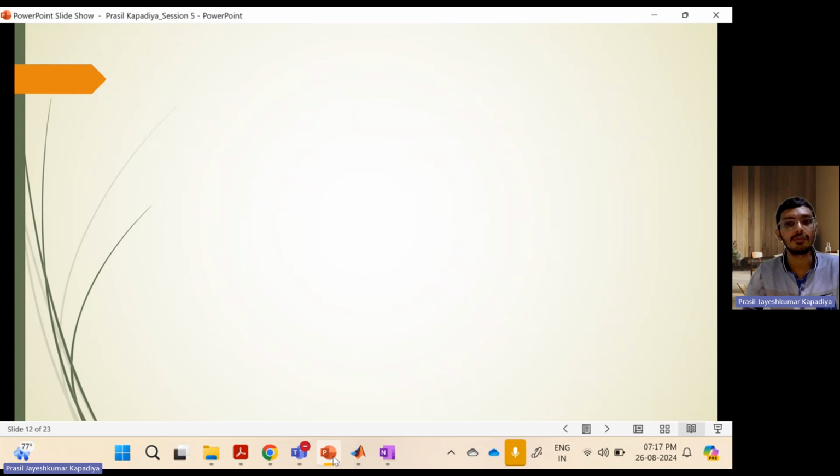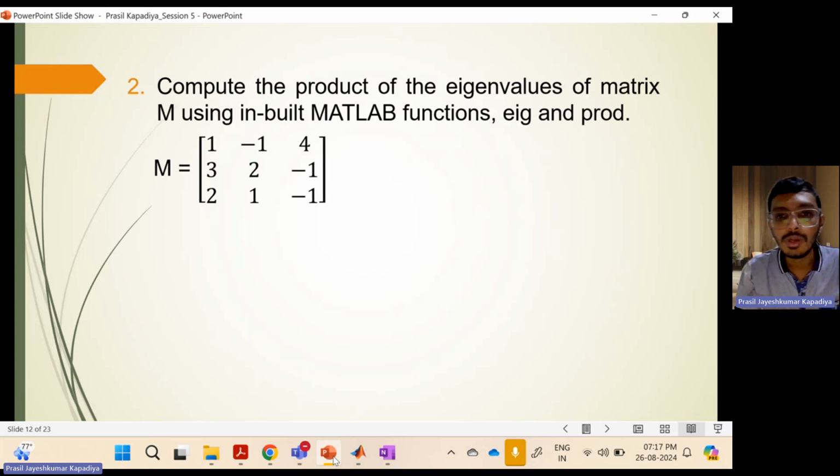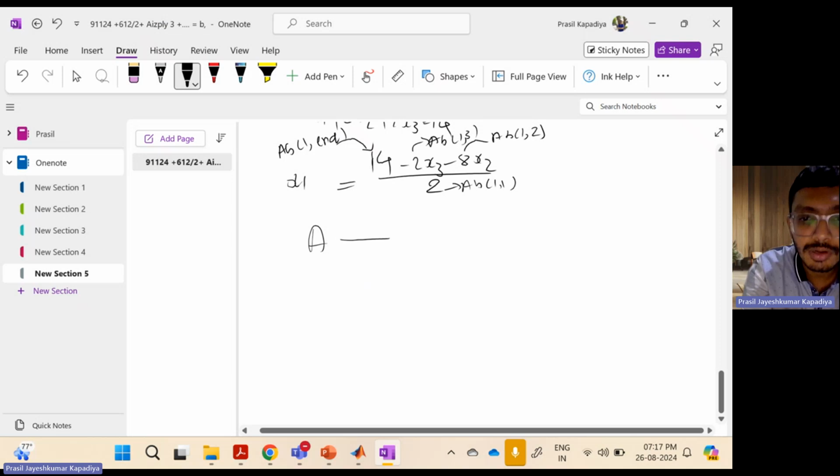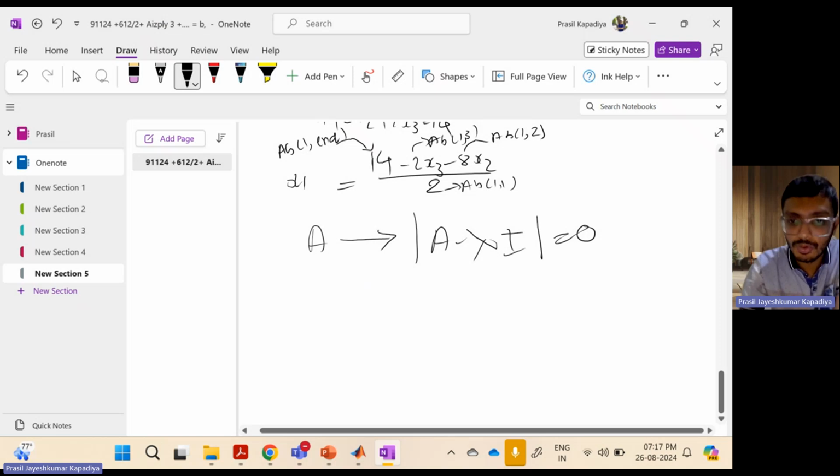Now let's take the second problem. Compute the product of eigenvalues of matrix M using inbuilt MATLAB functions eig and prod. So I'm first supposed to find the eigenvalues and then the product of the eigenvalues. How do we calculate eigenvalues? Let's say I have my matrix A. To calculate eigenvalues, I need to solve determinant of A minus lambda times the identity matrix equal to 0.